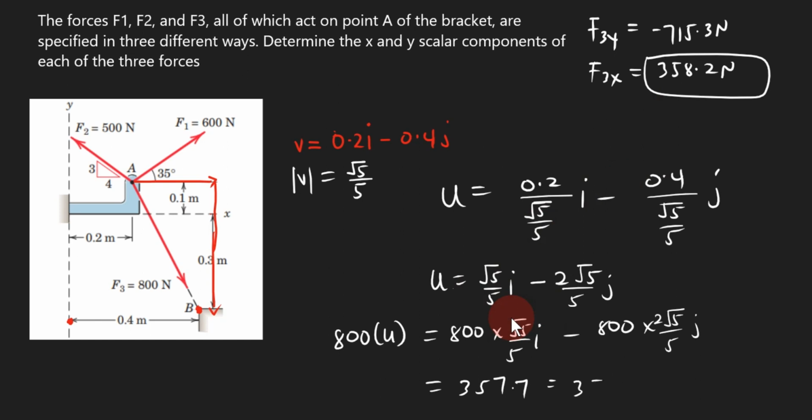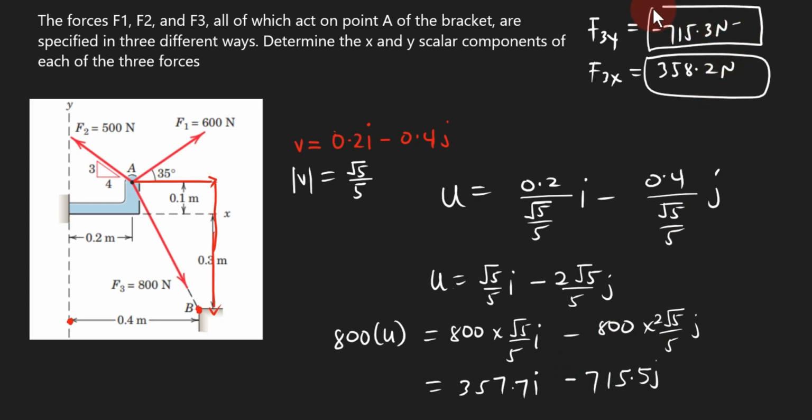Now let's do the same for the second term. 800 times 2 root 5 divided by 5 gives us minus 715.5j. You see this is also close to the value we got at first.